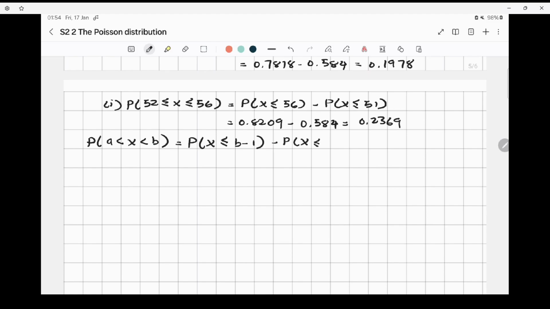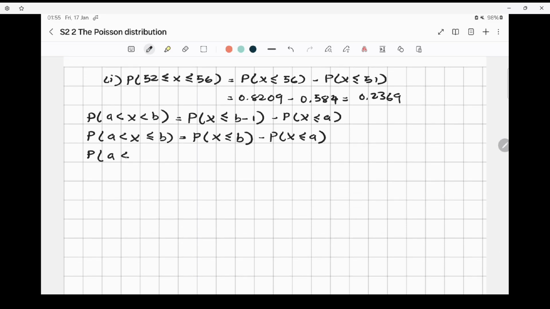The second one, you don't need to minus 1. If you meet something like this, the first one you keep as it is, and the second one you also keep as it is.